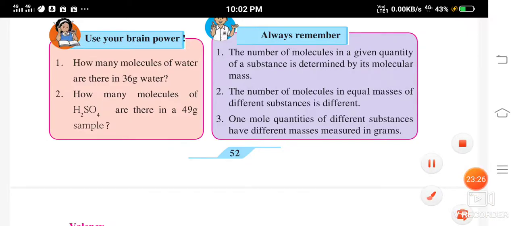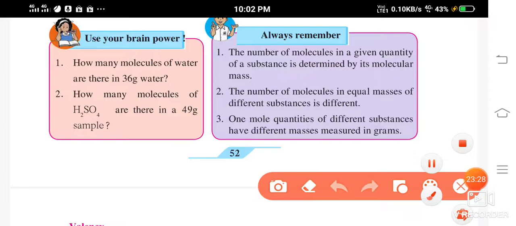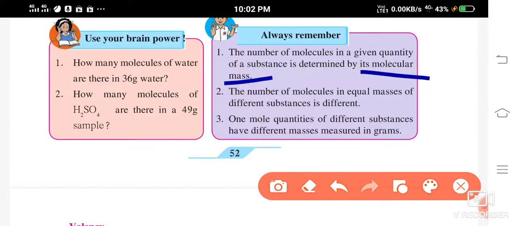Now always remember, the number of molecules in a given quantity of a substance is determined by its molecular mass.